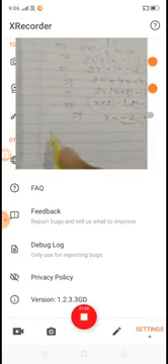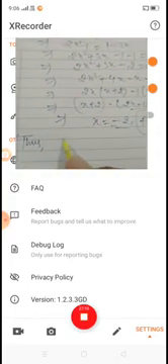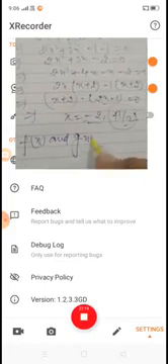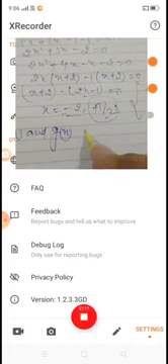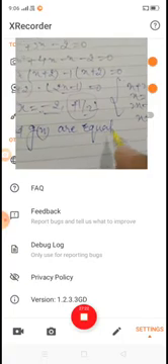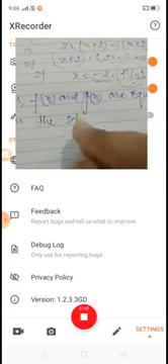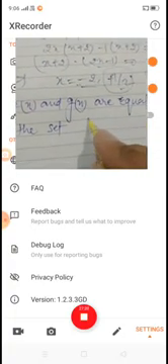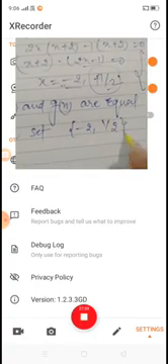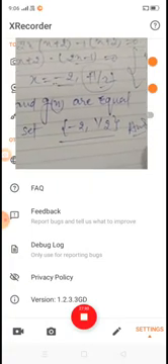Thus f(x) and g(x) are equal on the set minus 2 and 1 by 2. This is your answer.